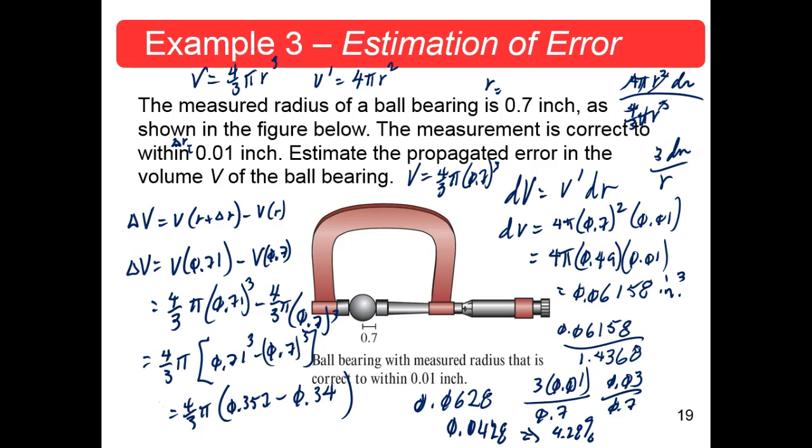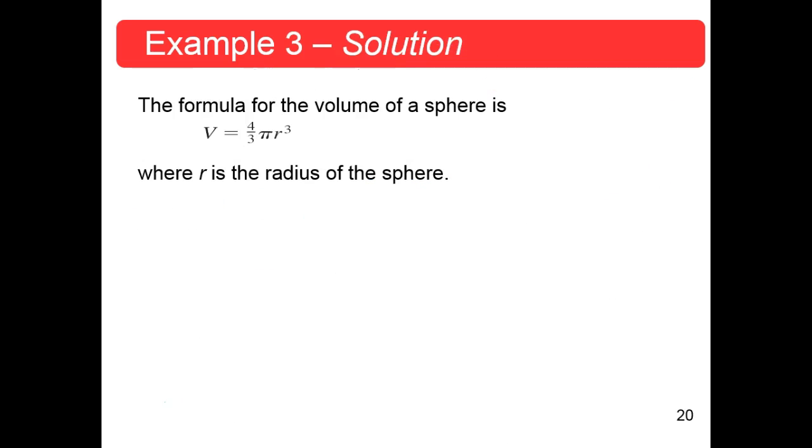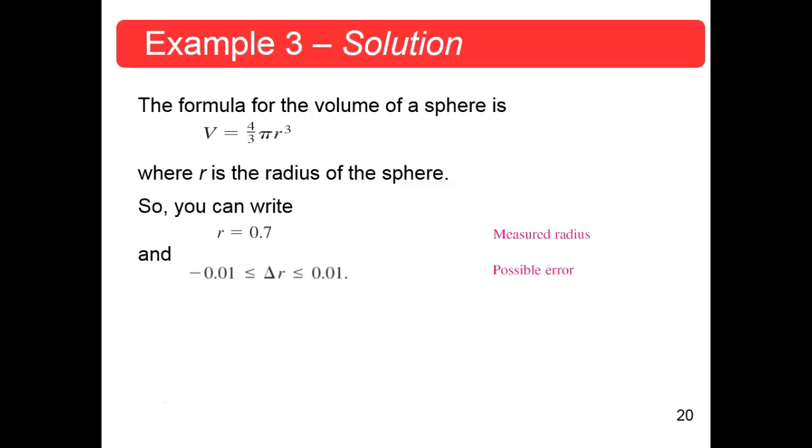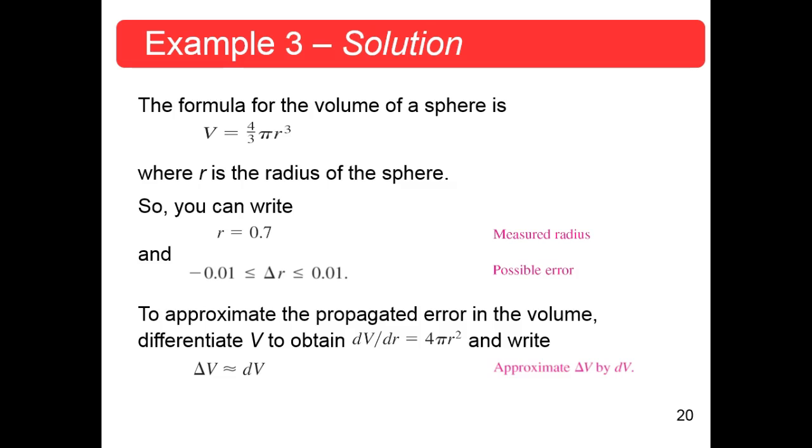Okay, calculating differentials. Let's see if we can move on. Oh, here, we'll watch how they did it. The formula for the volume of a sphere is 4/3 pi r cubed, that y'all were scratching your heads about, where r is the radius of the sphere. So you can write that r is 0.7, and the possible error, delta r, I was saying 0.01, but it's plus or minus 0.01, between negative 0.01 and positive 0.01, okay?